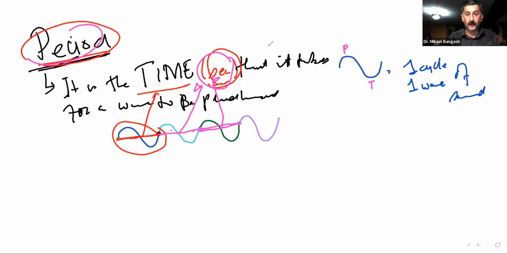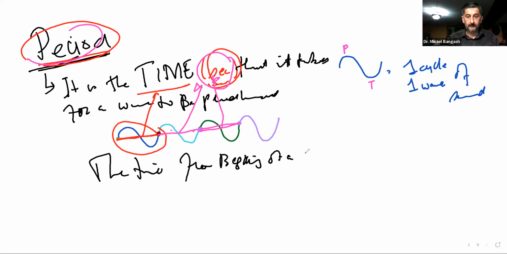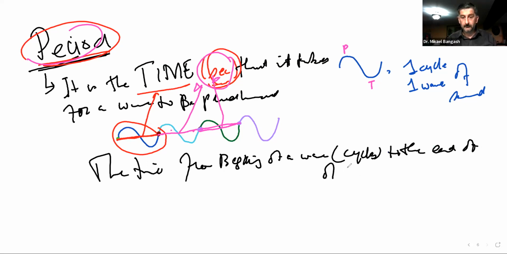Okay, so it can be defined as the time from the beginning of a wave, where wave can also be replaced by cycle, to the end of the cycle.